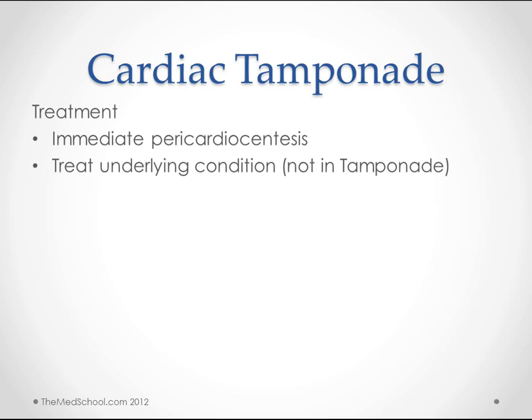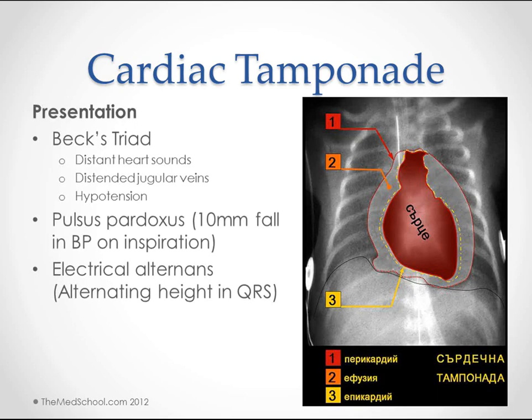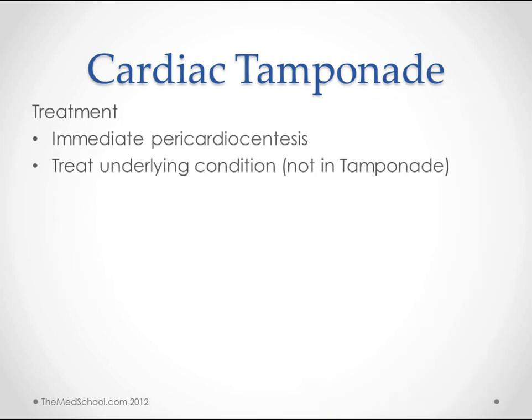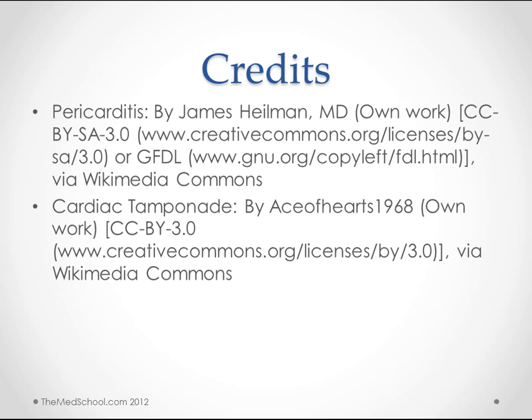But if it's tamponade, if we're getting the pulsus paradoxus, electrical alternans, and Beck's triad, then it's time to do pericardiocentesis.